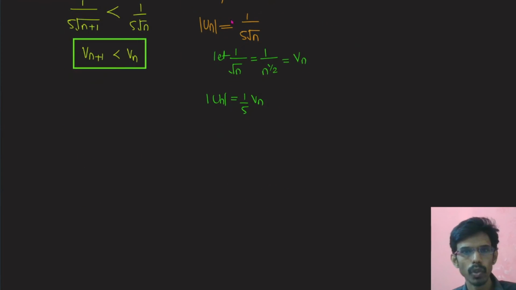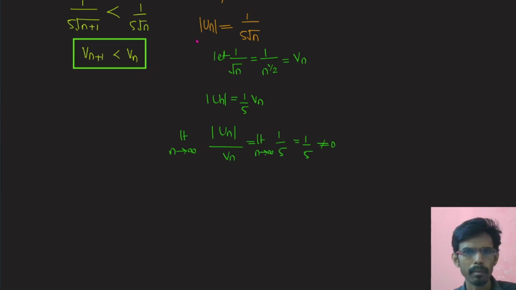Now take the ratio of these two, mod un by Vn value is 1 by 5. Apply limits on both sides, limit n tends to infinite. So this will become 1 by 5 only, a non-zero finite number.